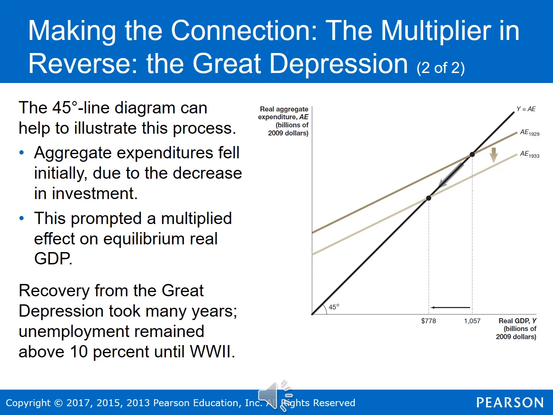And what we saw here is equilibrium real GDP fell from $1,057 billion in 1929 to $778 billion in 1933. And it was the depth and the length of this downturn that led to it being labeled the Great Depression, because of how bad it was compared to previous depressions.